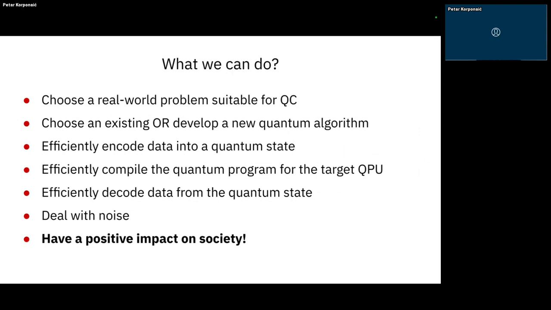So if you want to jump in and stay classical, a good place is to make a more efficient compiler for quantum computers.